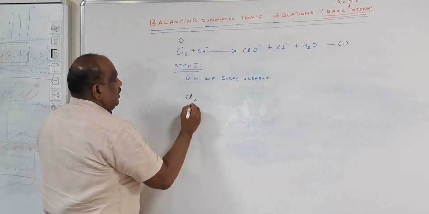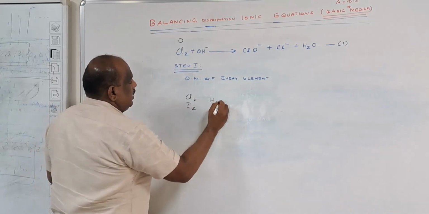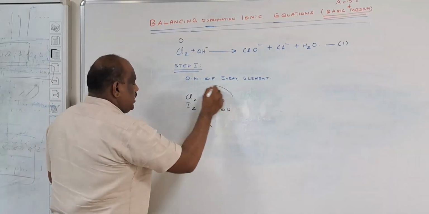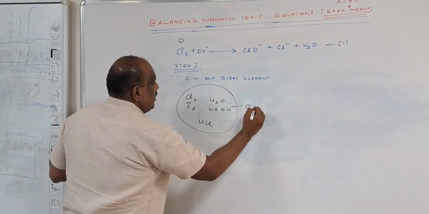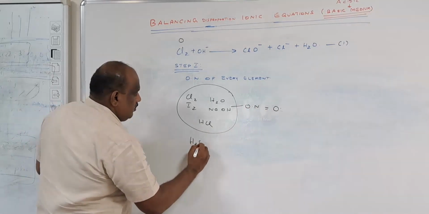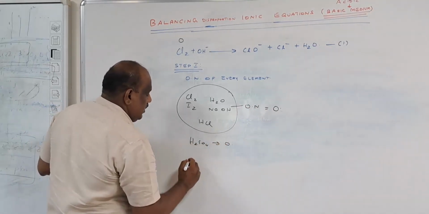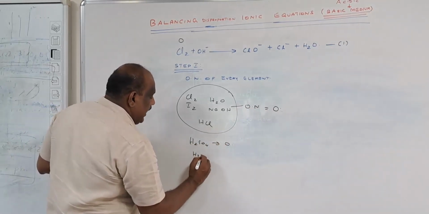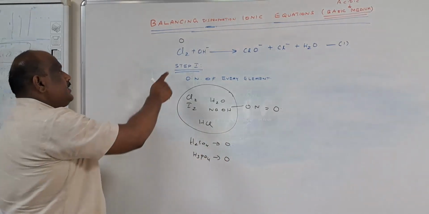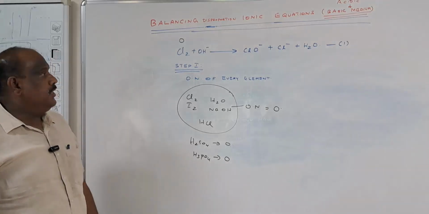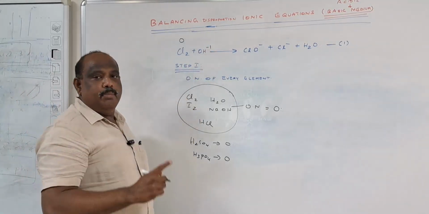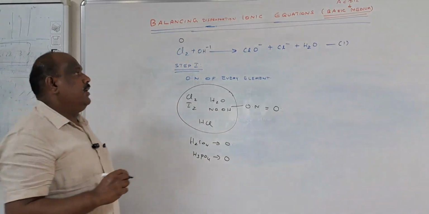If it is chlorine, iodine, water, NaOH, HCl, for all these molecules, the oxidation number is 0. H2SO4, 0. Then H3PO4, any neutral atom will have an oxidation number of 0. And hence, chlorine's oxidation number is also 0. But this hydroxyl group is having an oxidation number of -1. The minus indicates it is -1.